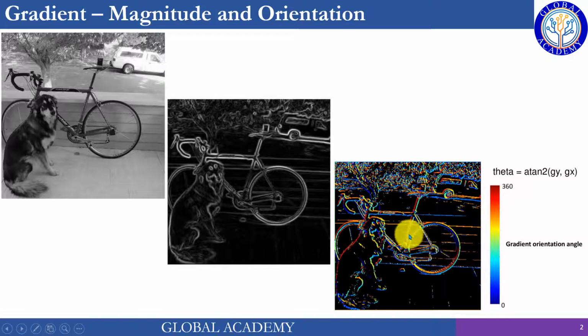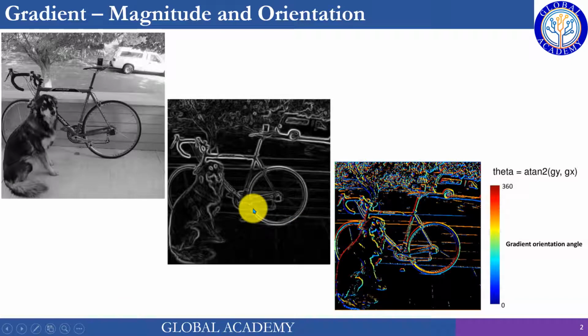Whereas if we encode this gradient orientation image using grayscale like black and white, then definitely either 0 angle or 360 angle will be merged with the background, the black color. So it's better to represent this gradient orientation using different colors, like spectrum colors.